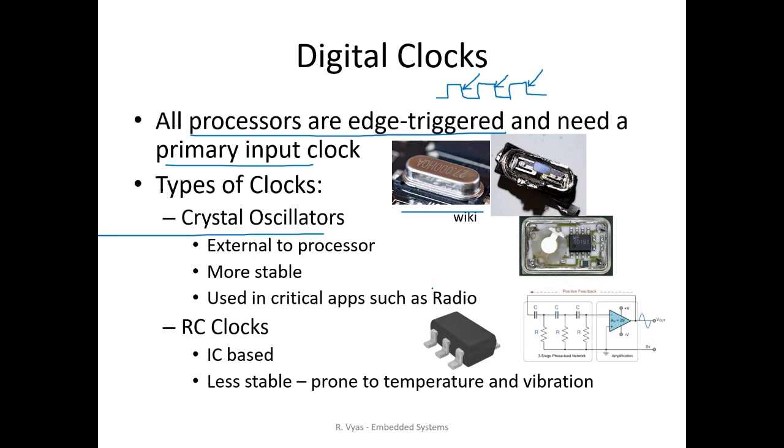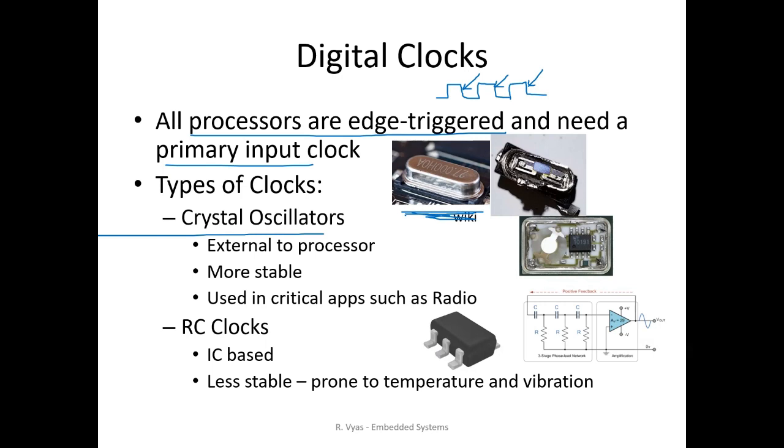A crystal oscillator is nothing but a quartz crystal, a naturally occurring material that they cut into very precise slices in clean rooms. When you drive it with an electrical signal, it produces very, very precise clocks. So applications that need very precise timing have to have an external crystal clock oscillator for providing the clock for the processor.